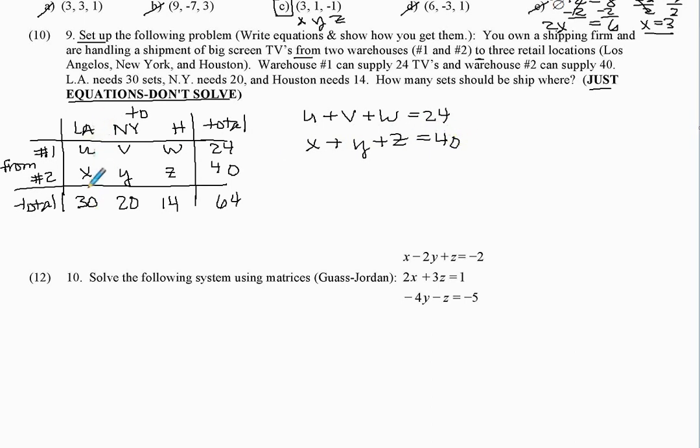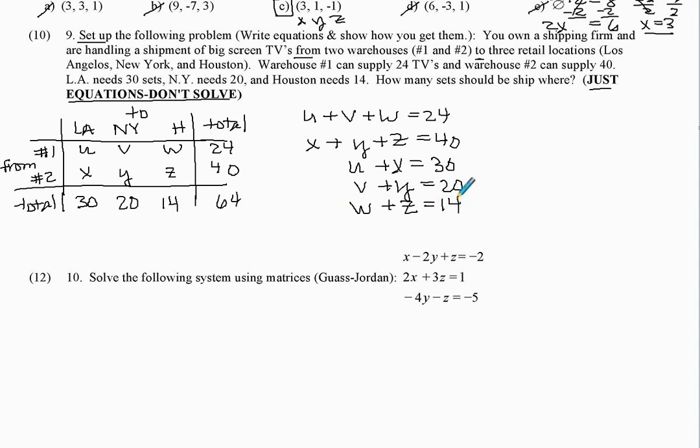To LA, that restriction is going to be U plus X equals 30. To New York, that's going to be V plus Y equals 20, because they need 20. What's going to Houston, W plus Z, is going to equal 14.